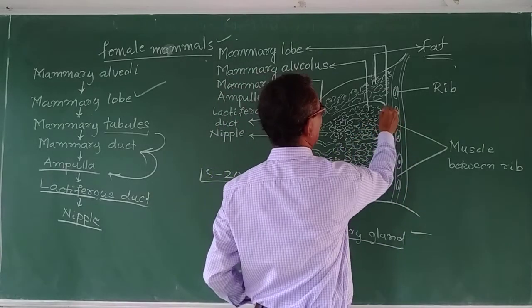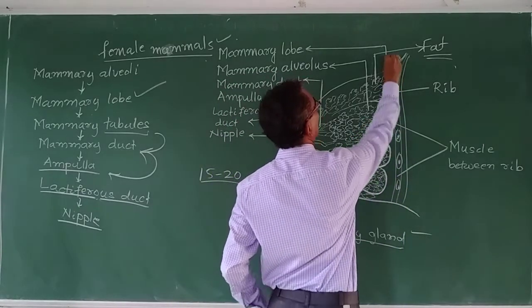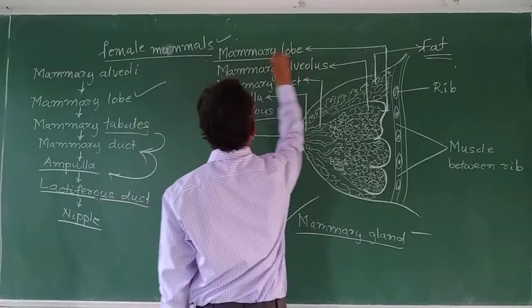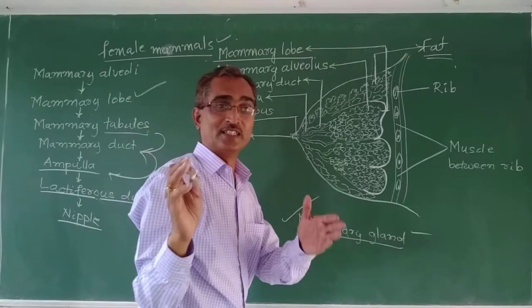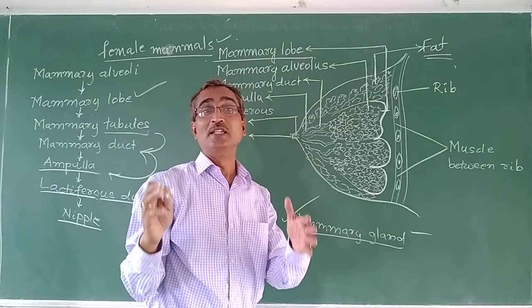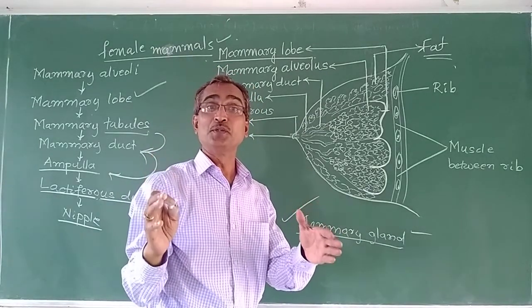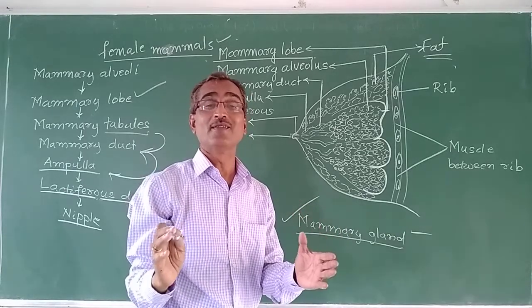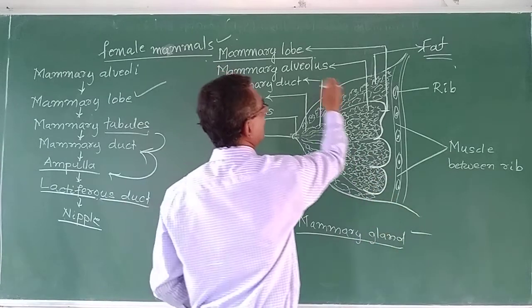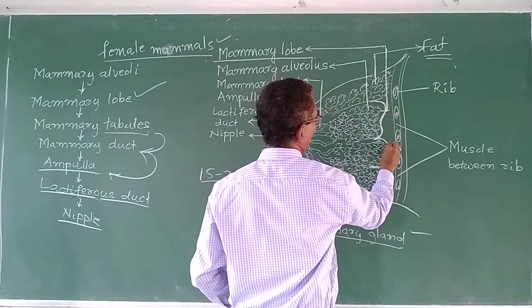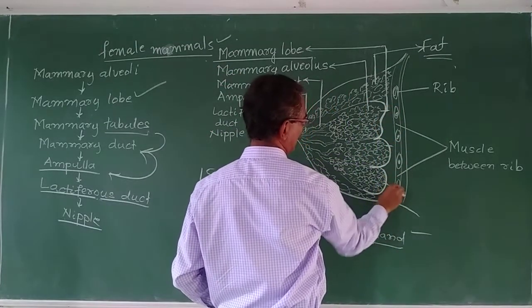So these are the mammary lobes. The glandular tissue of each breast is divided into 15 to 20 mammary lobes. This is also one lobe.